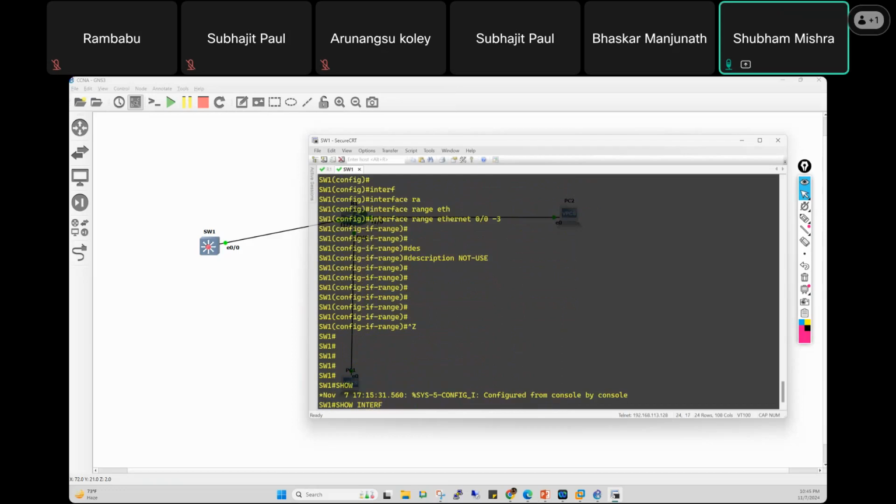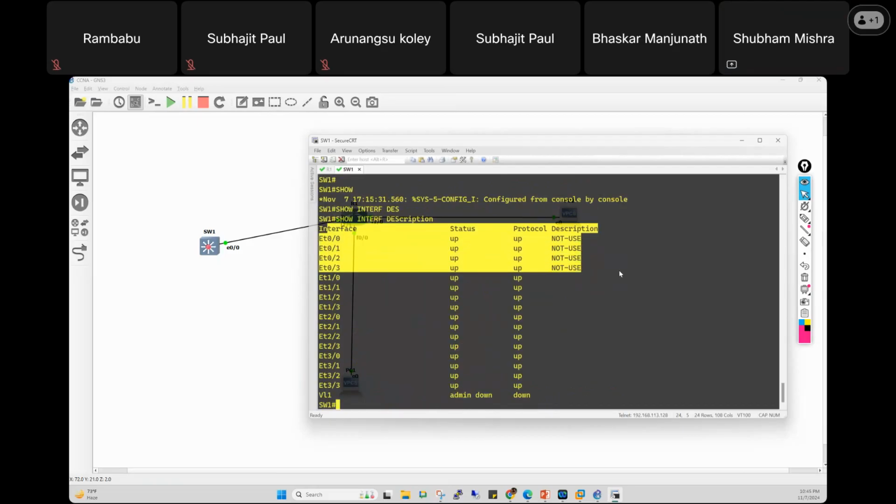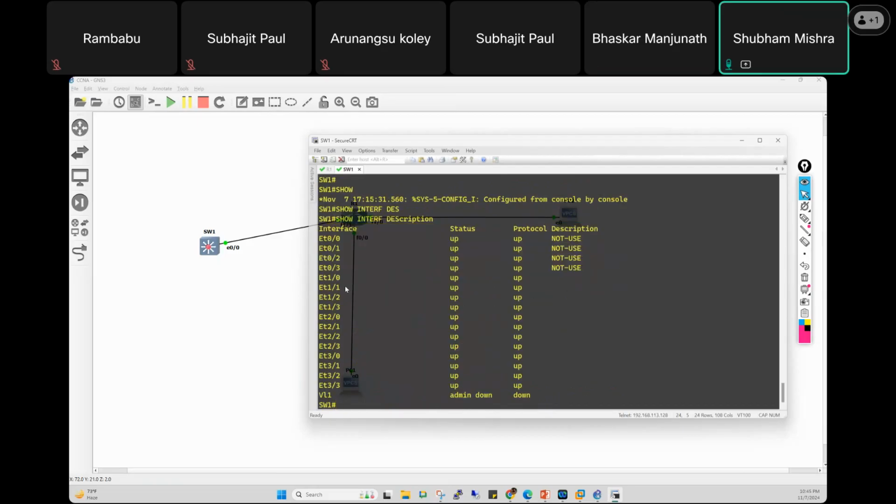So interface description. On these three interfaces, similarly you can write the range command here, because these are in the same slot. Getting my point, everyone? Understand? Sir, if the cable is connected, then only it is up. If the cable is not connected, then it is down. Yes. Clear, everyone? I hope it's clear to all of you, right?